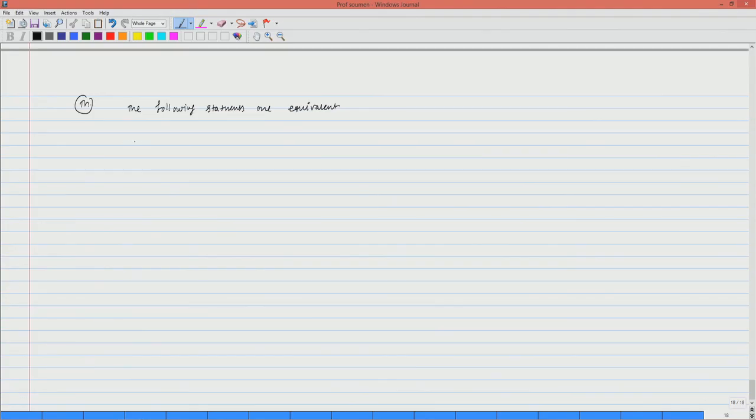The first statement is: T is a tree. I will not prove this theorem, just for your information.